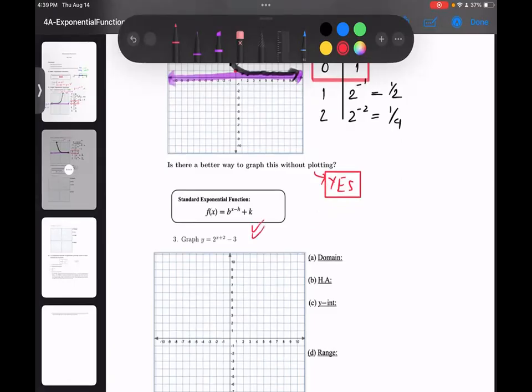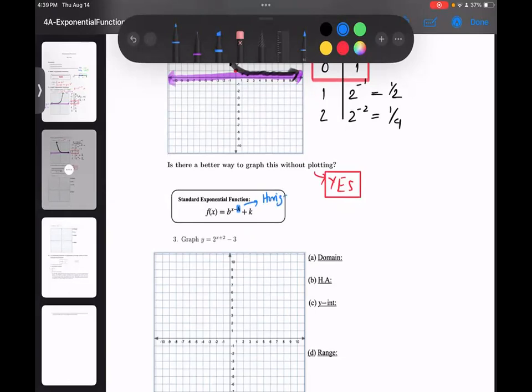I kind of wrote it before on number 1, where the h component is gonna move sideways. Let me highlight that. So here the h component is gonna move sideways.